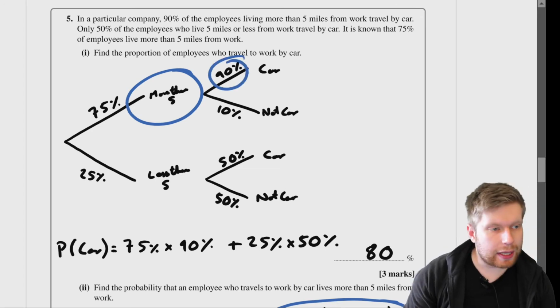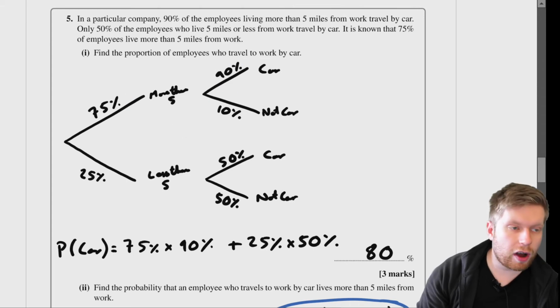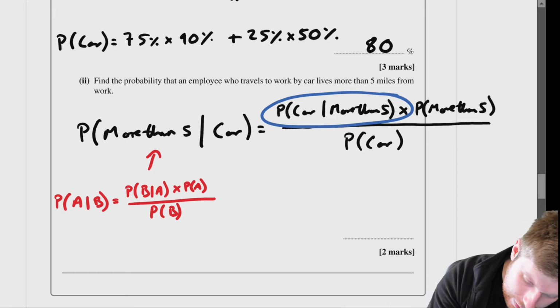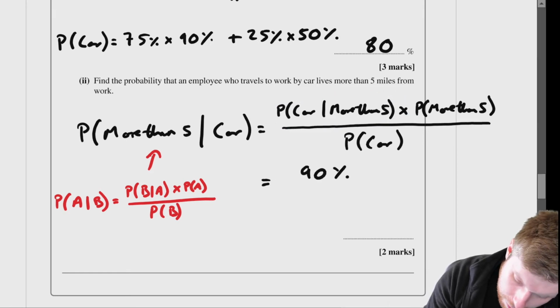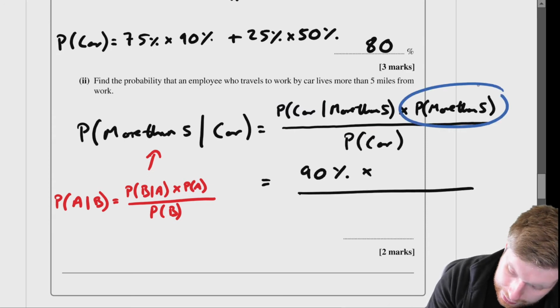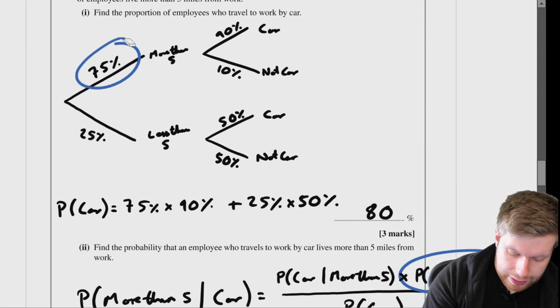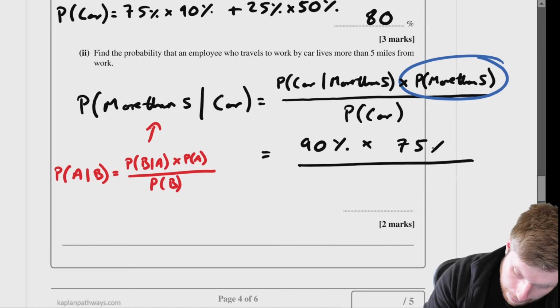There's a 90% probability they travel by car for the people who live more than 5 miles from work. So it's going to be 90% here. Then we multiply that with the probability that they live more than 5 miles from work, which is 75%.